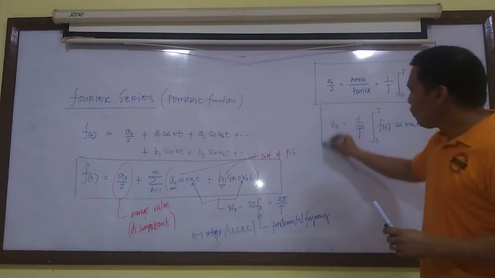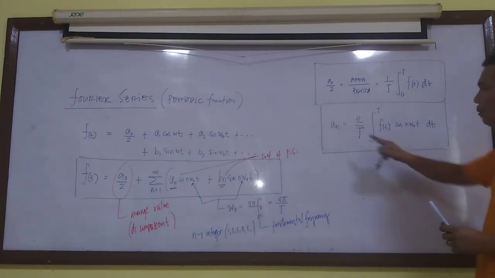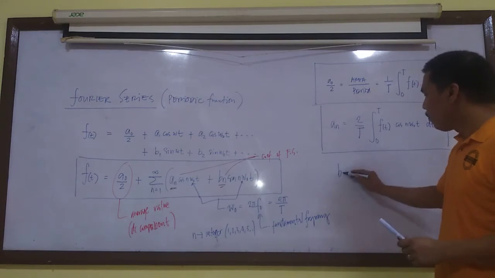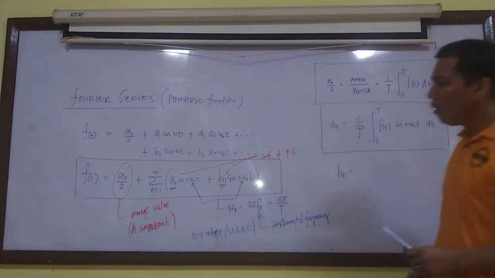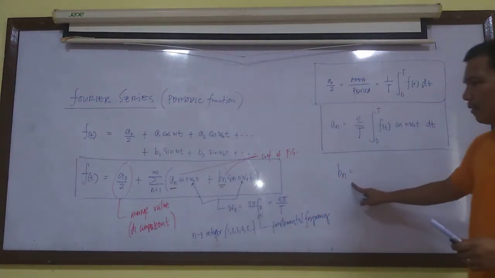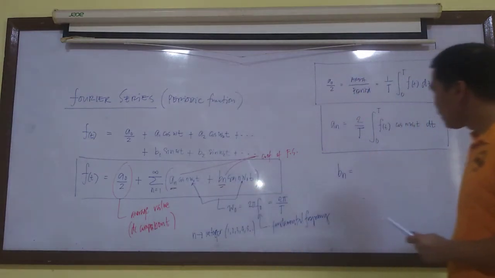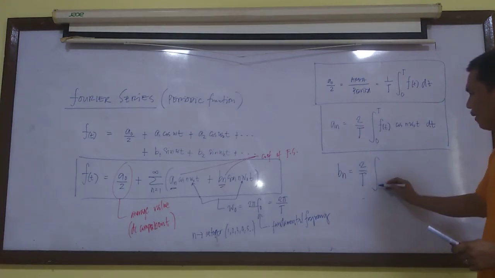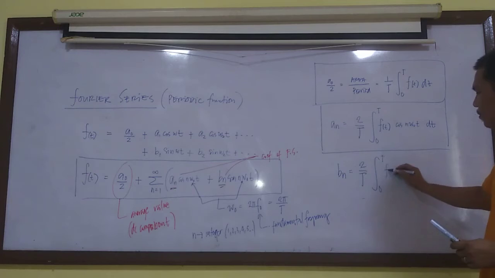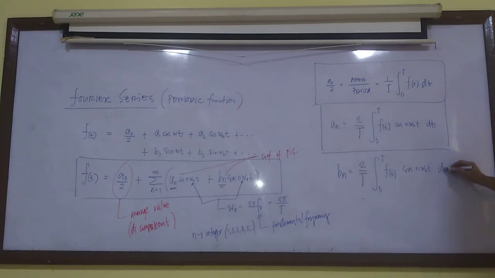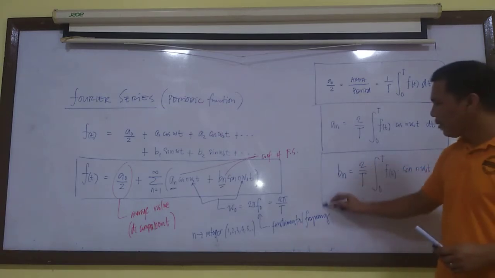This is also important because later on you will be solving a lot of a sub n and b sub n. a sub n is the coefficient of your cosine terms, while b sub n is the coefficient of your sine terms. So b sub n is 2 over T times the integral from 0 to T of f(t) multiplied by sine of n omega 0 times t, dt.